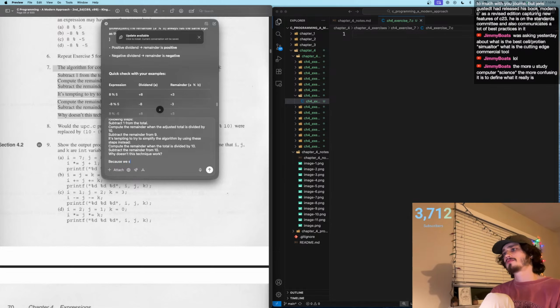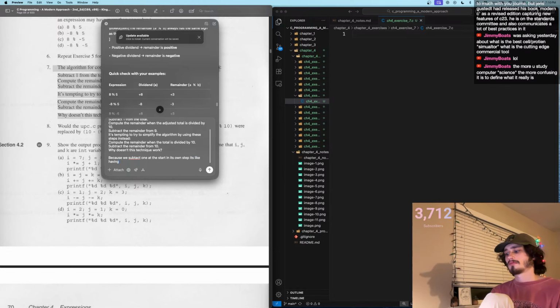Because we subtract 1 at the start in its own step, it's like having parentheses around it. It makes sense too because it's on its own line in the description given.